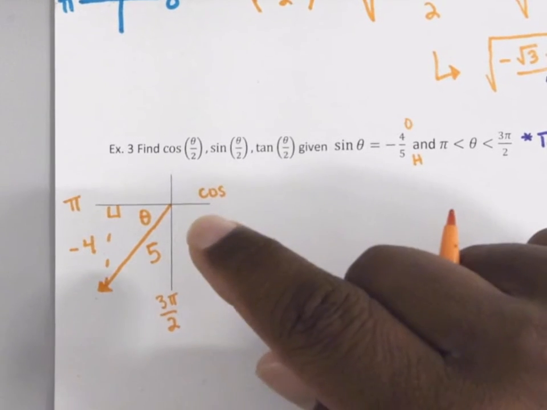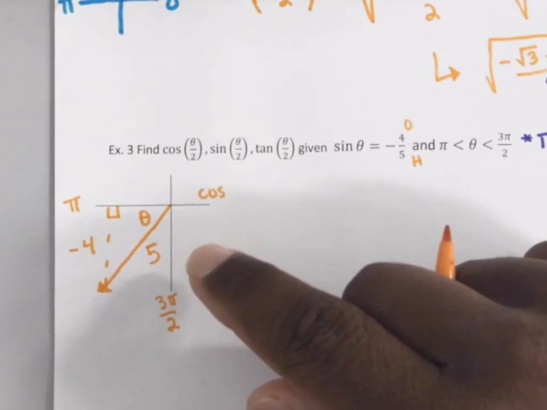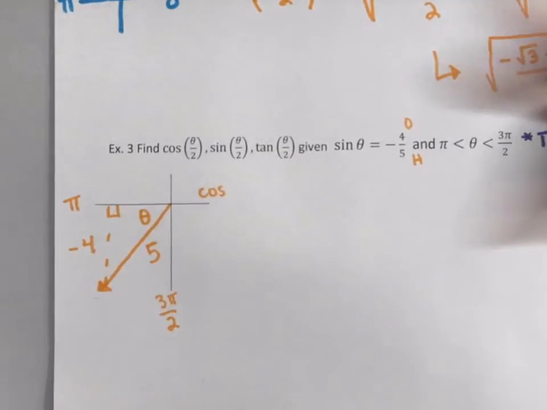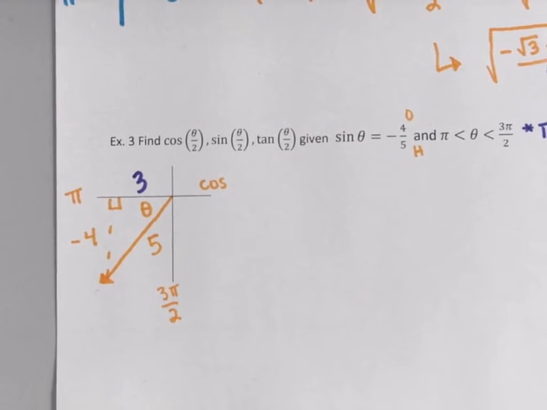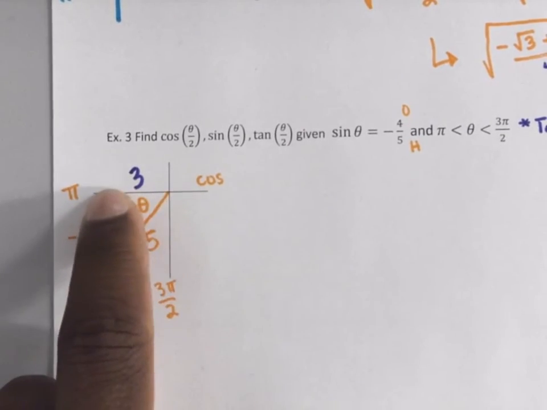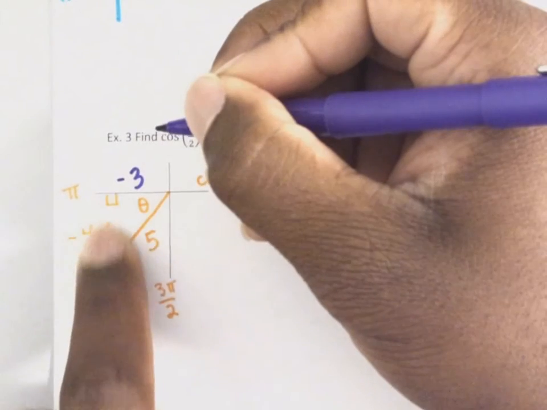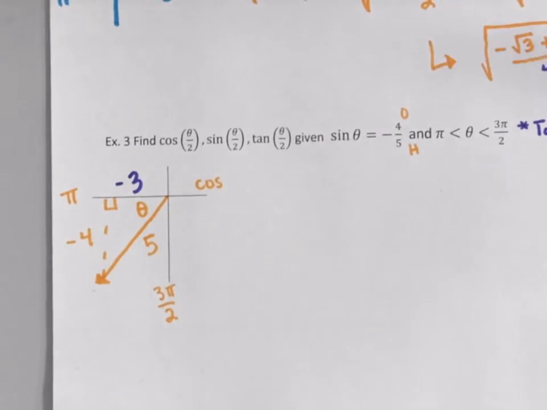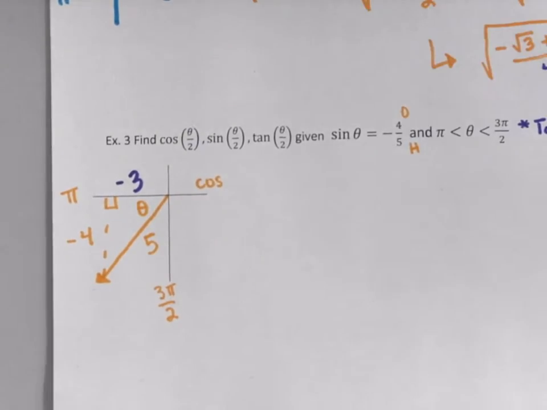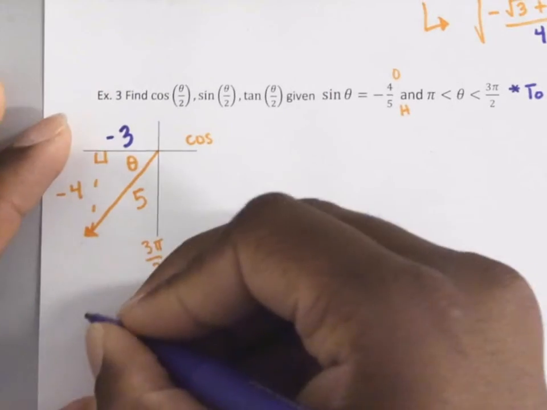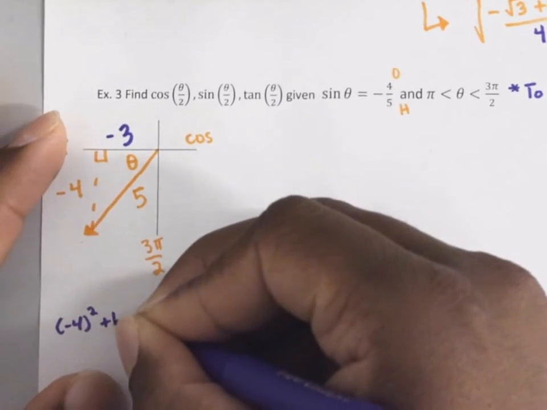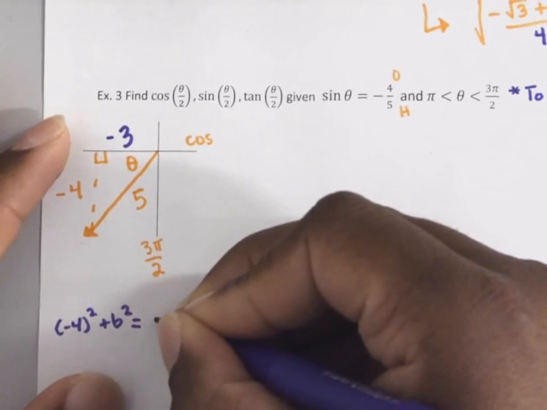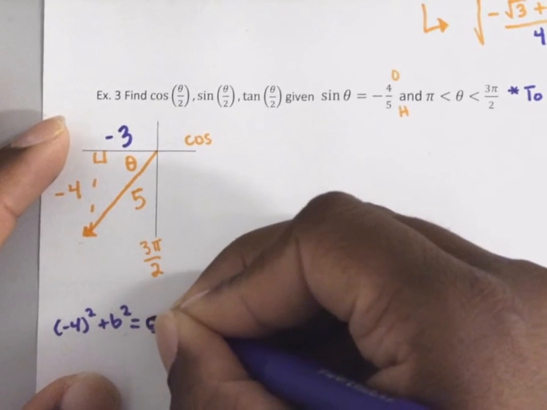I think this is a special triangle that we know the values of. 3. So just like that, I get 3. Should 3 be negative or positive? Negative, because I go left 3, then I go down 4. We didn't even have to do Pythagorean's theorem. Now, if you didn't recognize it as a 3, 4, 5 triangle, you do Pythagorean's theorem. You don't have to write this if you know where that 3 came from.